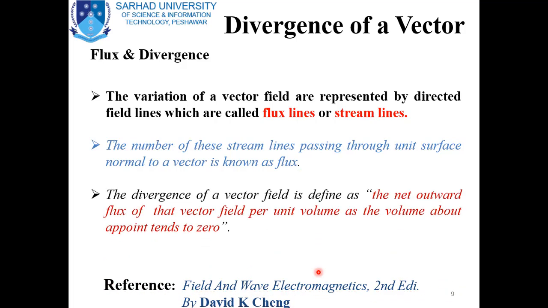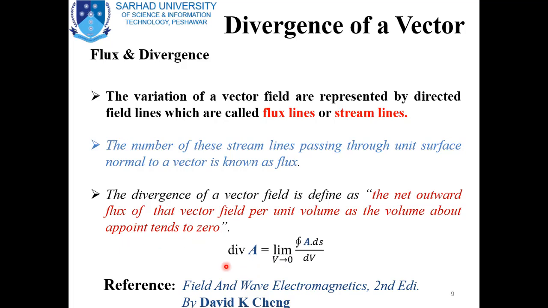So the divergence of a vector field can be defined as the net outward flux of a vector field per unit volume as the volume about a point tends to 0.